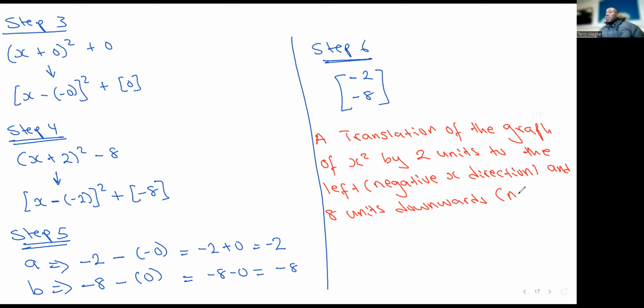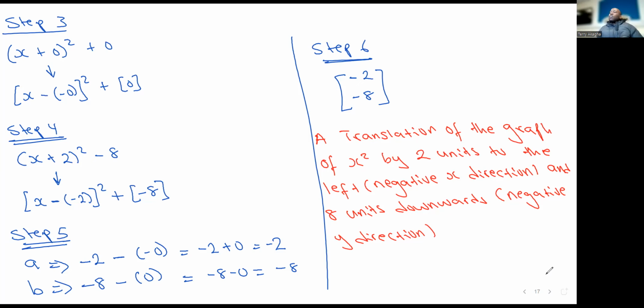Which means the negative y direction. Okay? So that means it's a translation of the graph of x squared to give you negative x direction and negative y direction to give you this. All right? So that was the translation that I called.